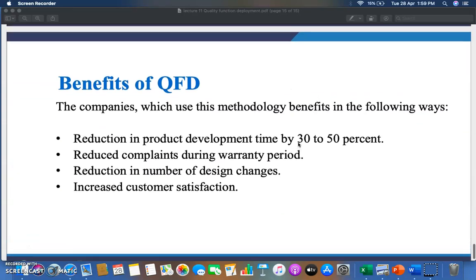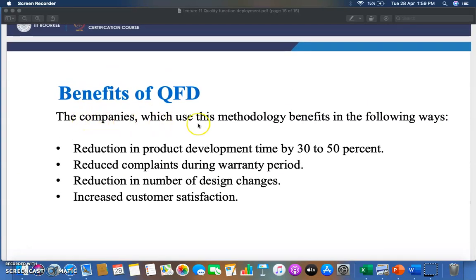Now what are the benefits? The companies which use this methodology benefit in the following ways: reduction in product development time by 30 to 50%. It will definitely reduce by 30 to 50% because you are optimizing the customer's needs. Next, reduced complaints during the warranty period, meaning if customers are satisfied, then definitely you will not get more complaints during the warranty period.